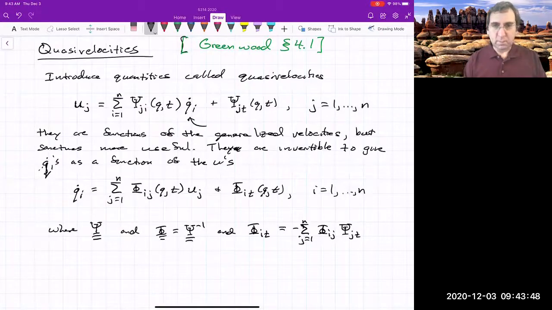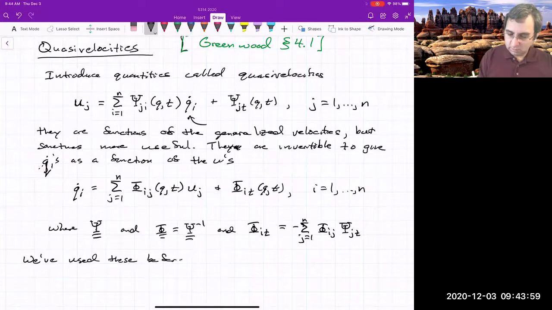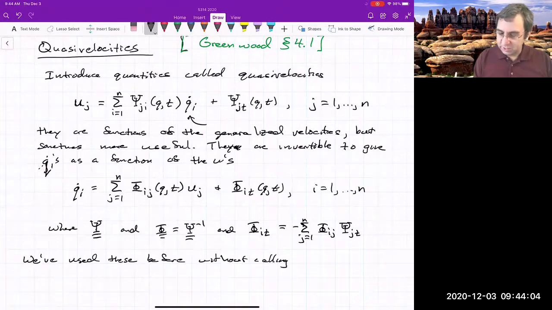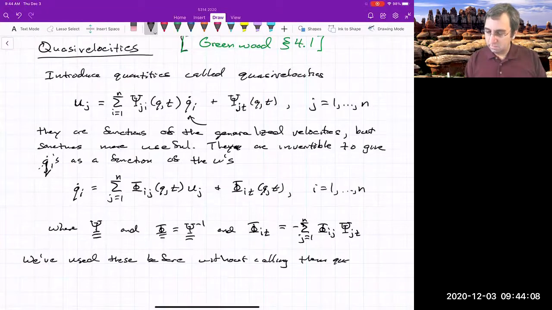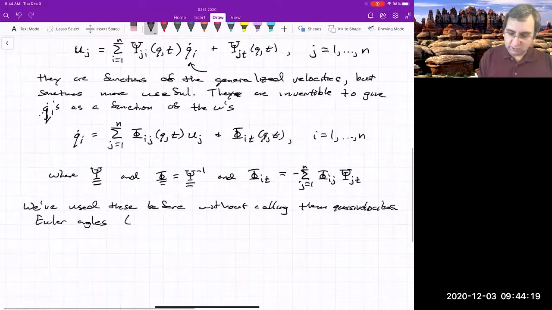Okay. So you have seen quasi-velocities. We've used them before without calling them that, when we did rigid body dynamics, when we looked at Euler angles and their rates of change, right?